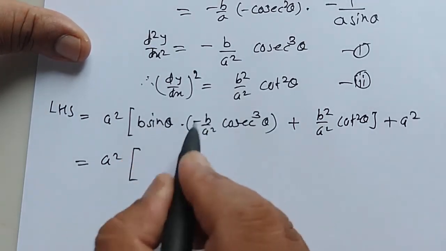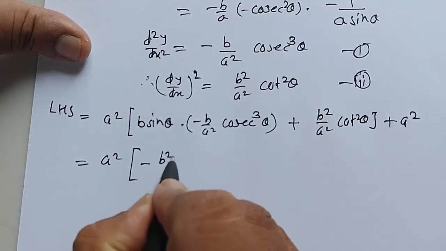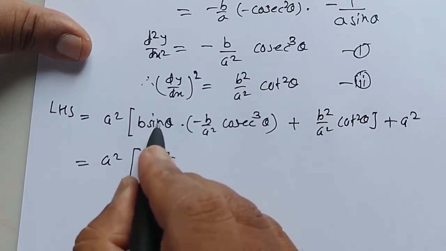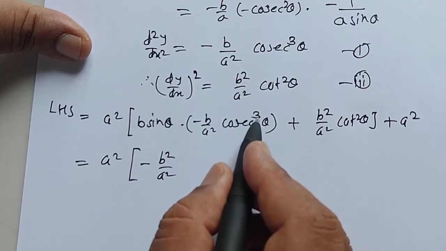multiply b, so it is minus b square upon a square sin theta into cosec cube theta.